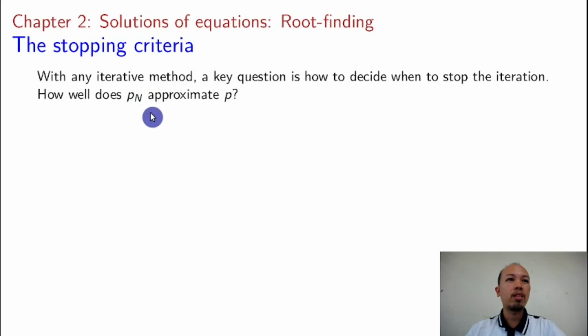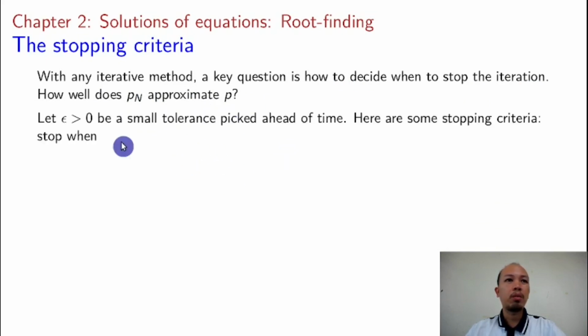So how well does p sub n approximate p? What we will do here is let epsilon be greater than 0, and this epsilon is what we call the tolerance, which we will pick ahead of time. And these three are the stopping criteria.